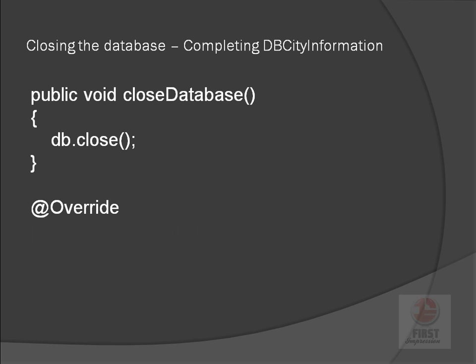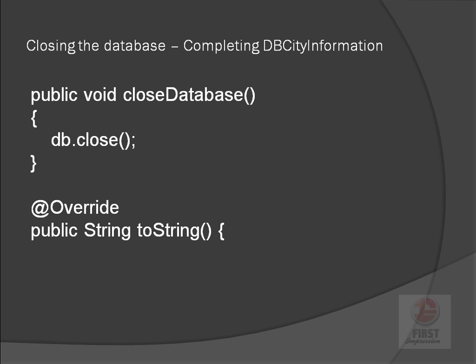We have to also override a function called toString, because we will be adding the objects of the array list inside the list view. Whenever we add the array list inside the list view, we have to call the setAdapter function. The setAdapter function will call the toString method of each object inside the array list, and whatever you return from toString will be displayed on the list view.